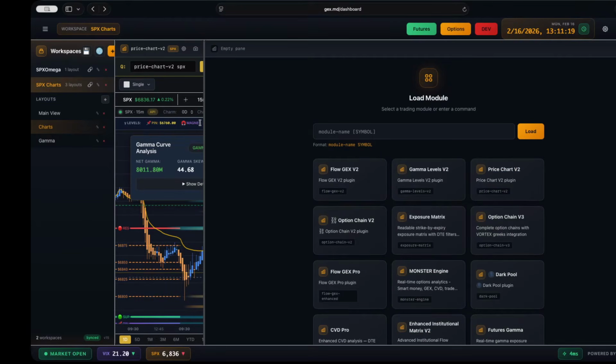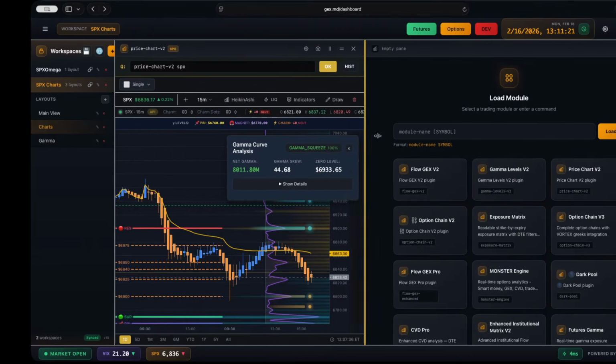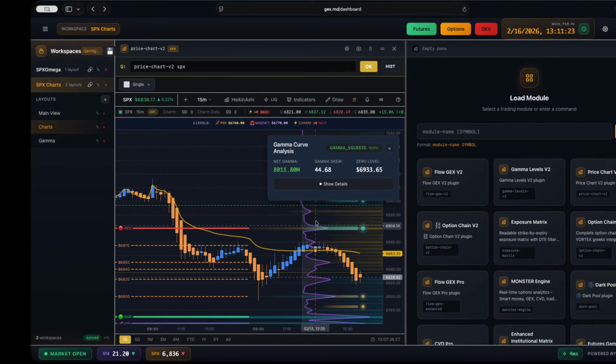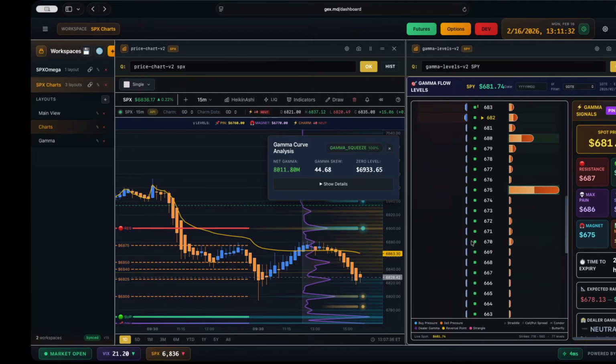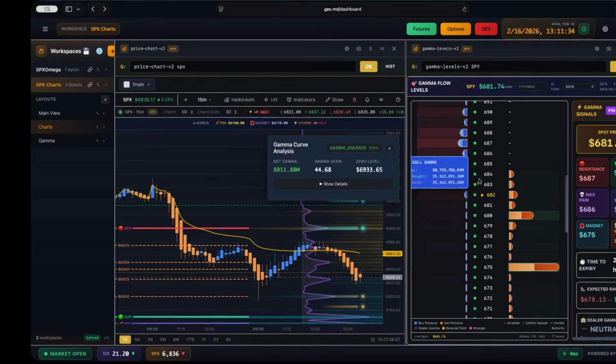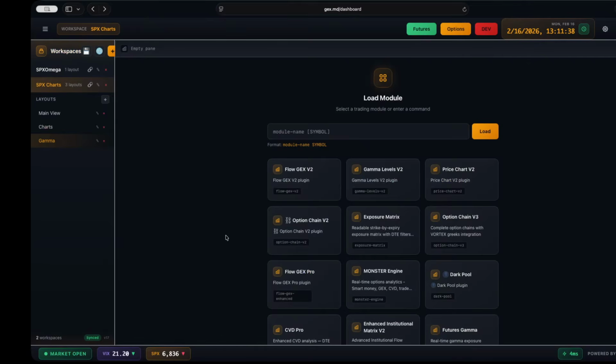Let me close this. Now, the good thing about the profiles on this, let's say you have gamma labels, let's say you have these two guys, this automatically saves to your profile. I mean, you click in the charts, you click in the gamma, and then you see it's nothing there.